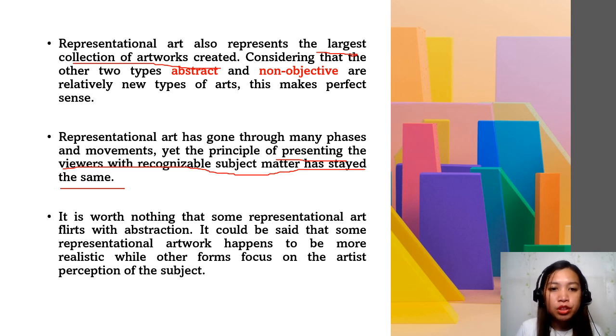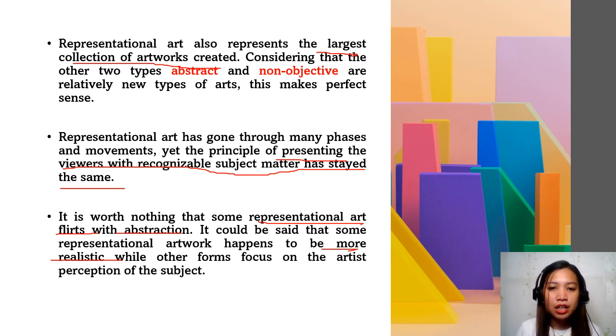It is worth noting that some representational art flirts with abstraction. It could be said that some representational artwork happens to be more realistic, while other forms focus on the artist's perception of the subject.